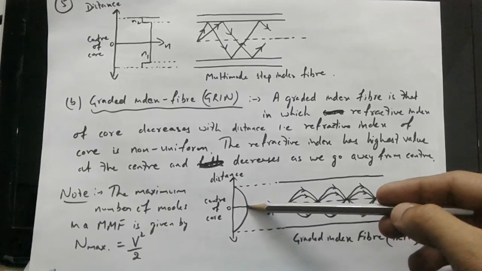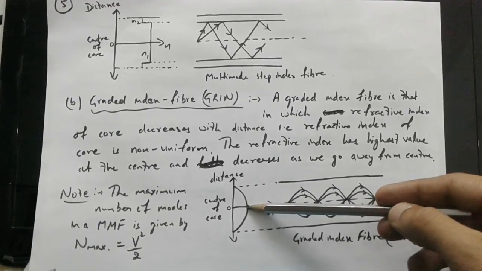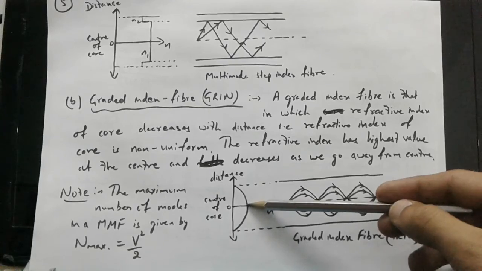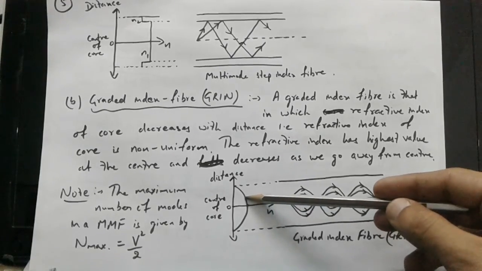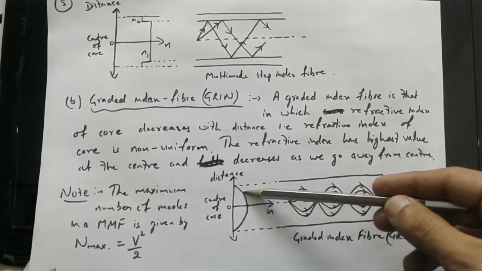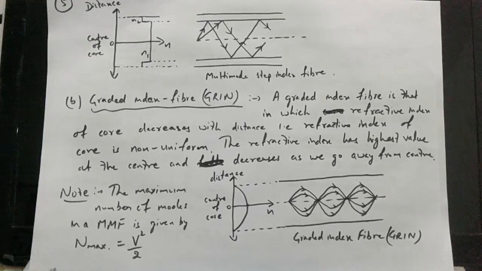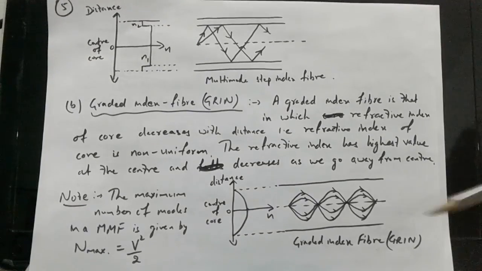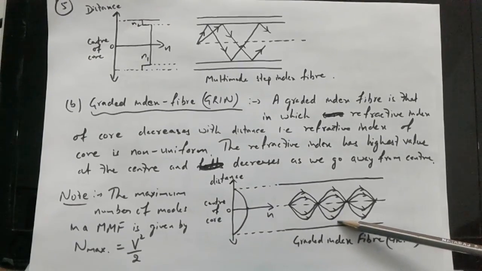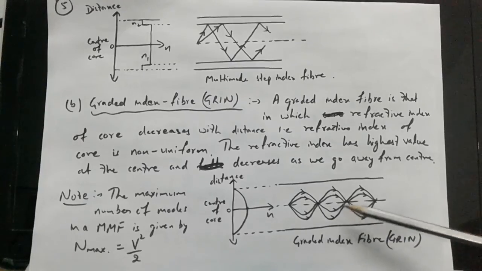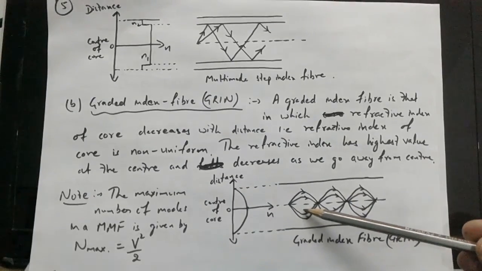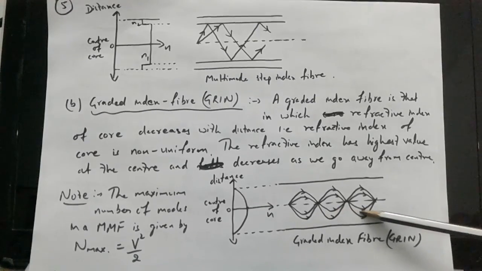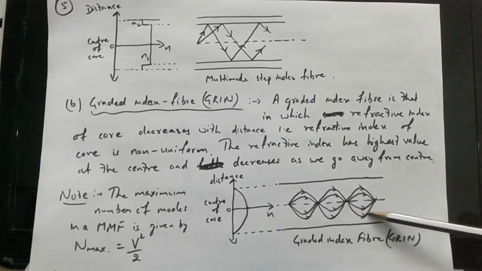At the center, refractive index is highest, and as we go away from the center, the refractive index goes on decreasing. So in this diagram you can see that light travels inside the fiber in this type of path.